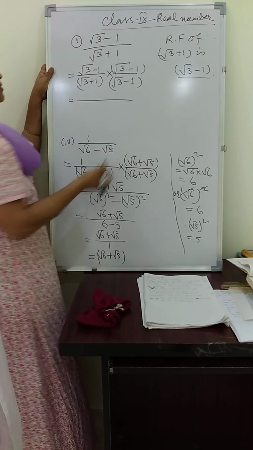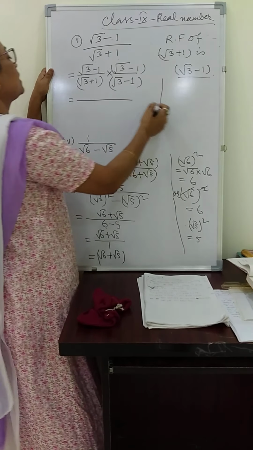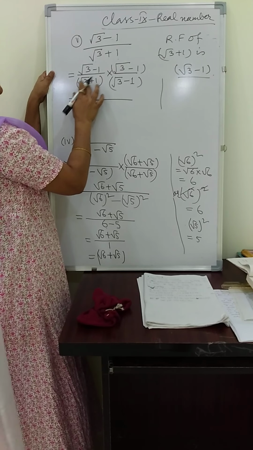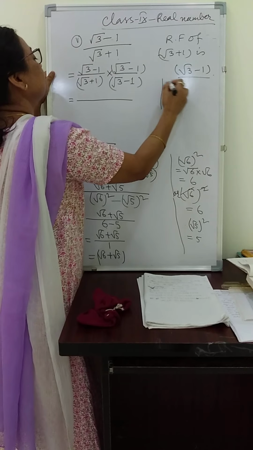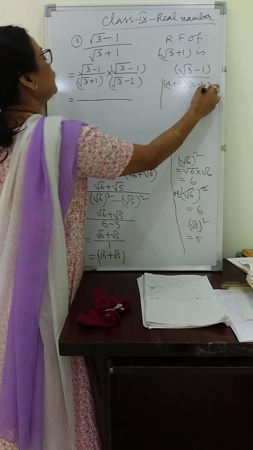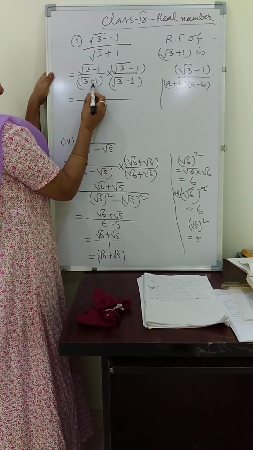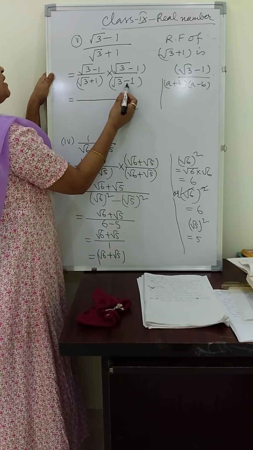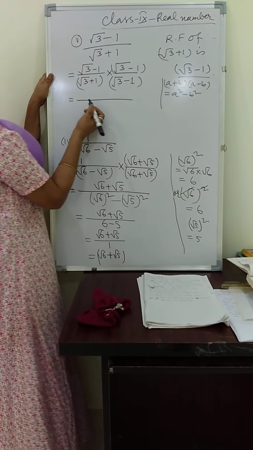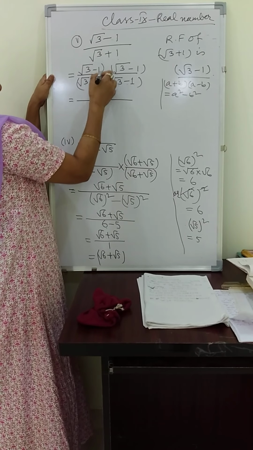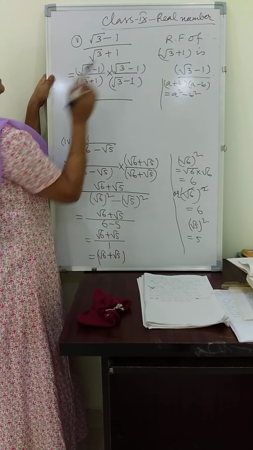So we may use an identity. This identity is what? A plus b whole into a minus b, because this is a plus b, a minus b. So we have a square minus b square. But in the numerator you have seen that these two factors are the same.